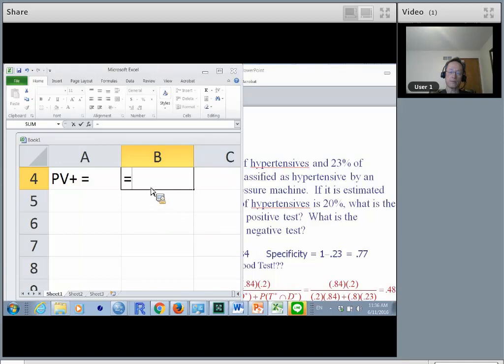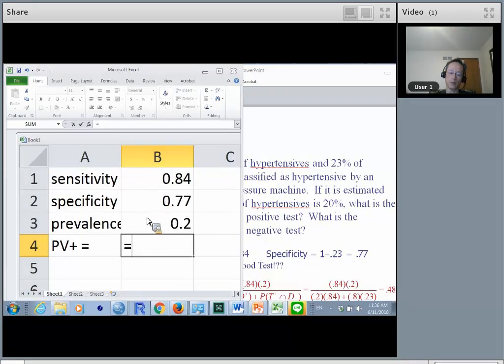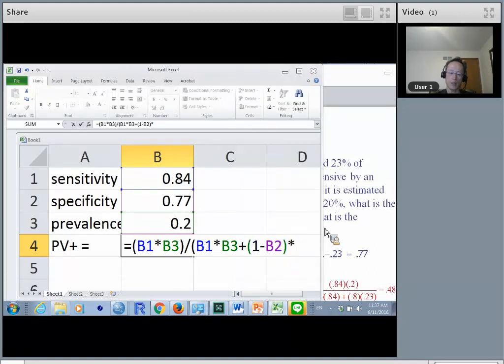It'll be the sensitivity times the prevalence, and divide by the sensitivity times the prevalence plus 1 minus specificity times 1 minus prevalence, right?